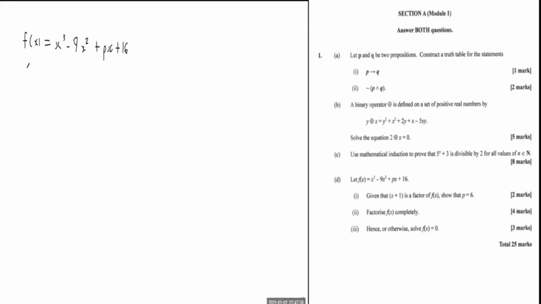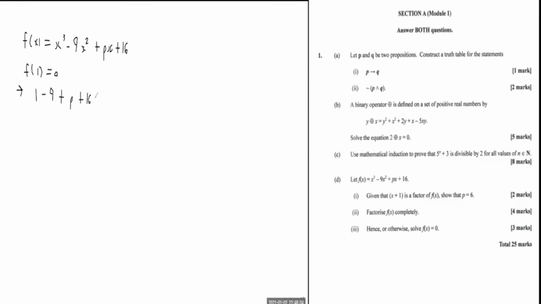If x plus 1 is a factor, then what they're telling us is that f of minus 1 is equal to 0. My apologies, I first replaced x with 1 to get 1 cubed, which is 1, minus 9 times 1, which is 9, plus p times 1, which is p, plus 16.